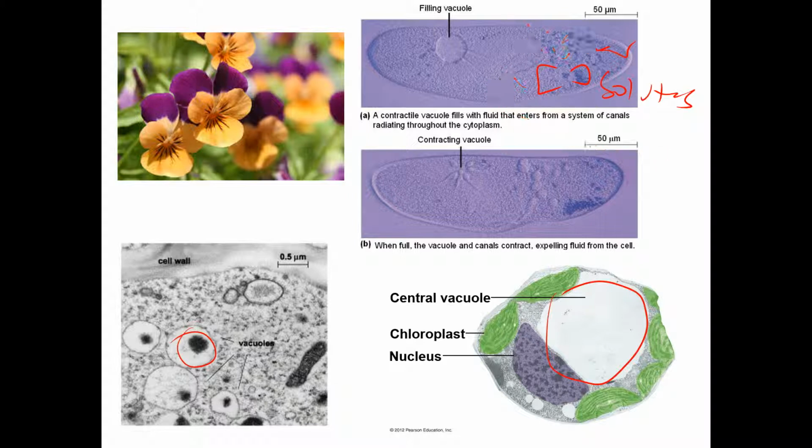To keep the cell from bursting, this little contractile vacuole will swell with water, and then it'll push out excess water, to maintain the right concentration of solutes and water in the cell. Here it's filling, and here you can see that the contractile vacuole has decreased to its normal size. And what you can see are these little bitty tubes that radiate out. These little tubes lead out to the membrane of the cell so that they can expel water from the paramecium.